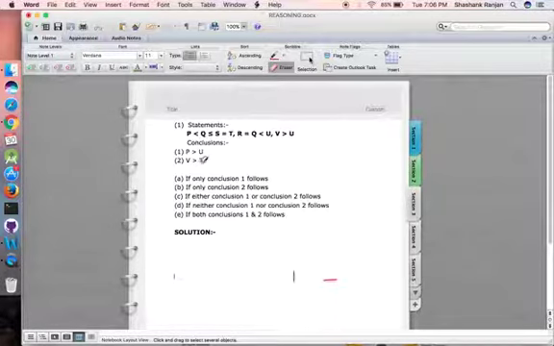Moving to the second conclusion. The second conclusion says that V is greater than T. So we can solve this.